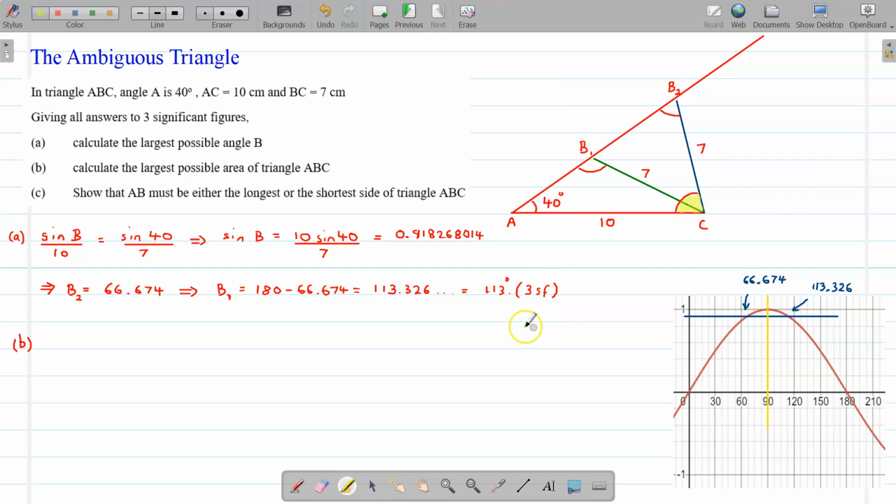Now that angle C is going to be made of 180 minus 40 minus B2.